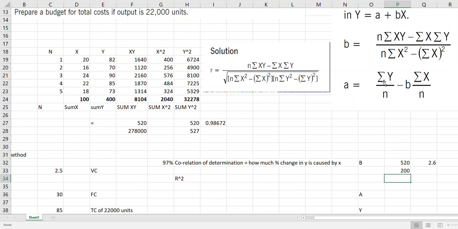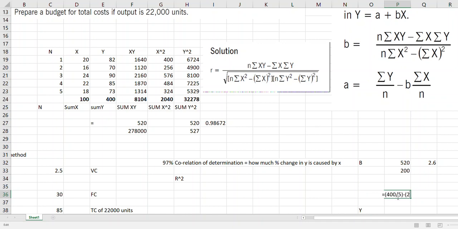Now let's look at the fixed element, which is sum of y, which is 400, divided by number of pairs of data, which is 5, minus B. You can find A without finding B, just like you can find fixed cost without finding variable cost.